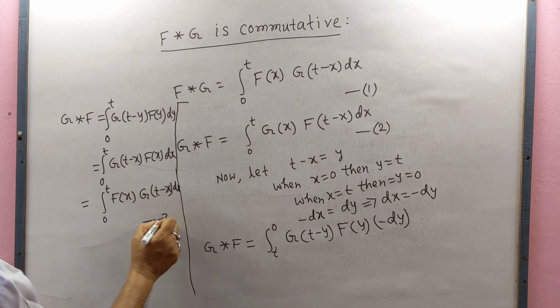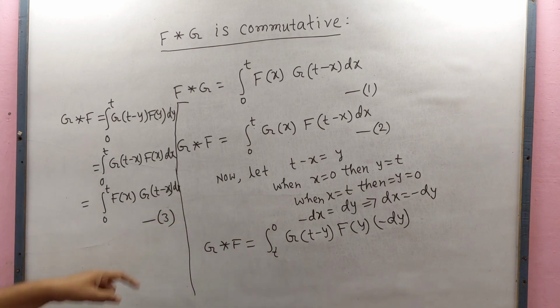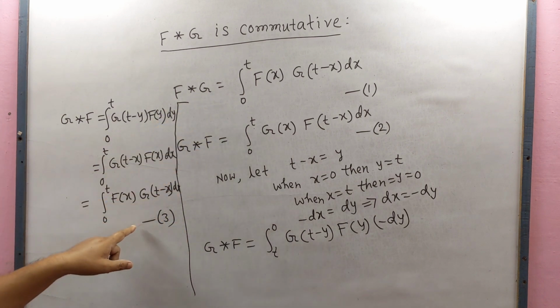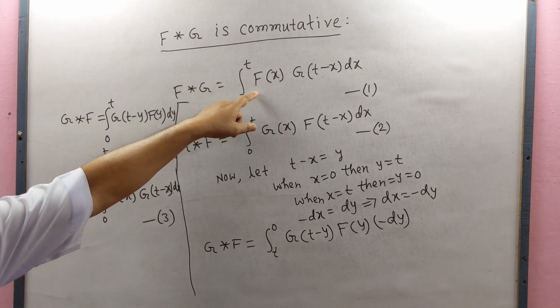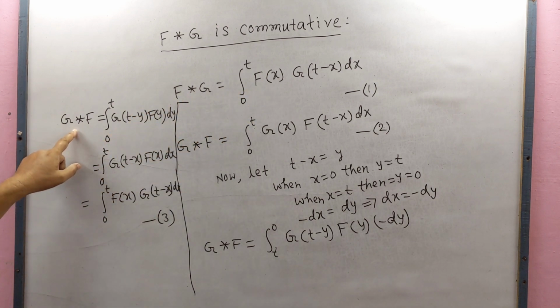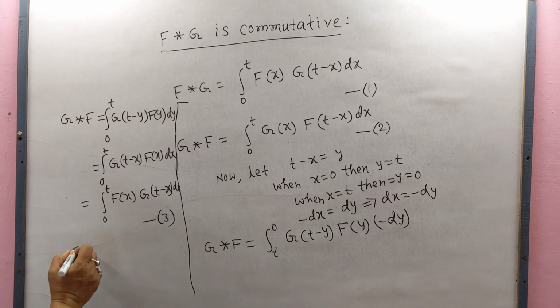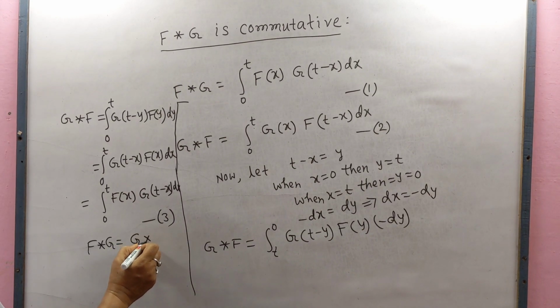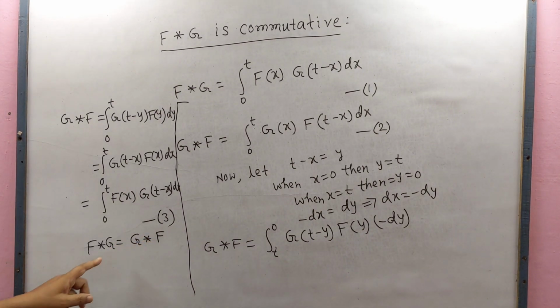This is number 3. From 1 and 3 we get that right side is equal, therefore left side is equal. So we may write f star g equal to g star f. Therefore convolution is commutative.